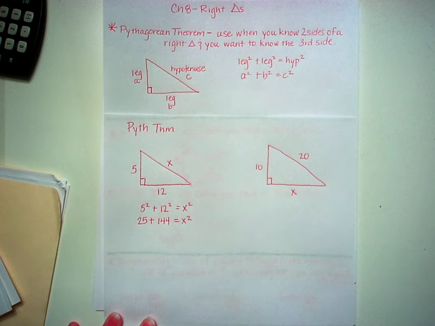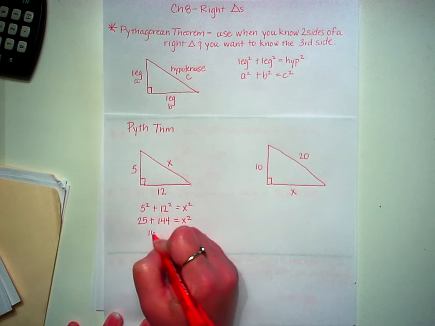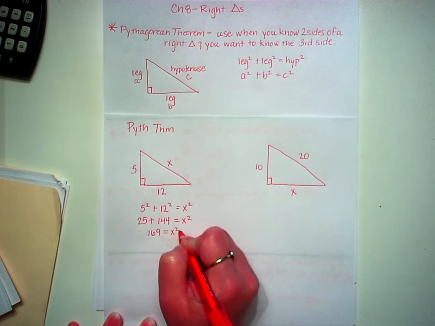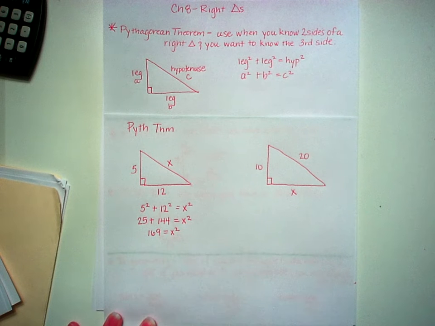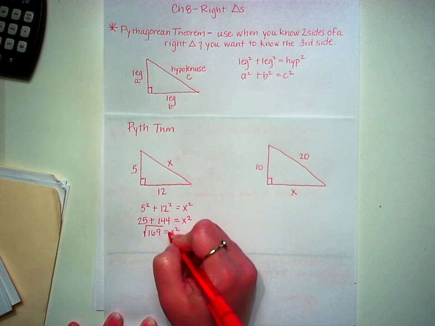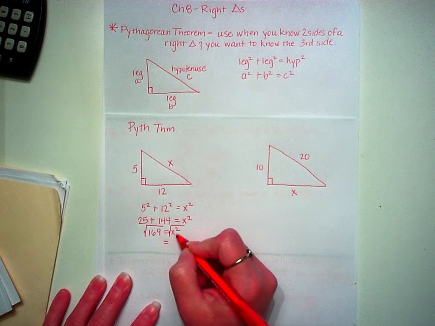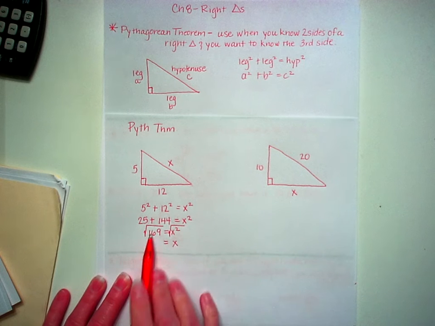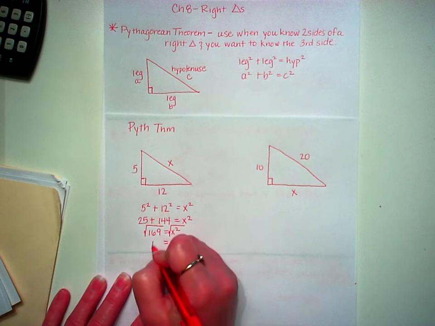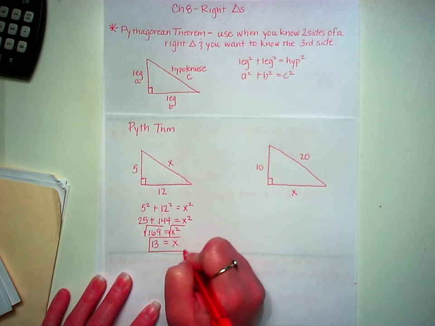Add those 2 numbers together. So we get 169 equals x squared. And then we take the square root of both sides. Okay, the square root of x squared is just x. The square root of 169, you can plug that into your calculator, you get exactly 13.